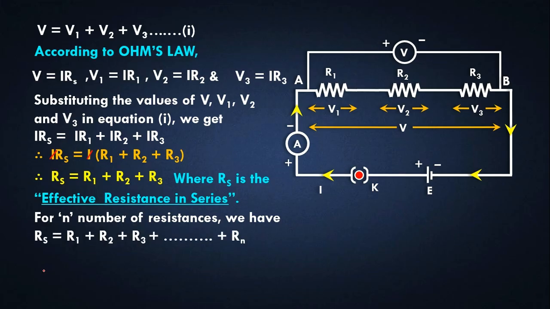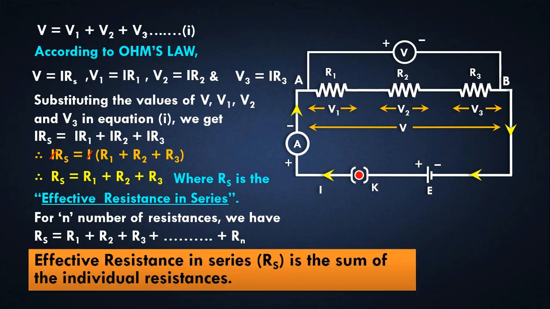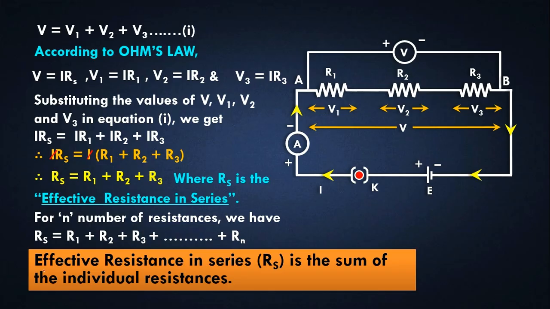For n number of resistors, RS is equal to R1 plus R2 and so on up to Rn. So the effective resistance in series is the sum of the individual resistances connected in series. You can take a screenshot of this and draw the diagram and make the required connections here.